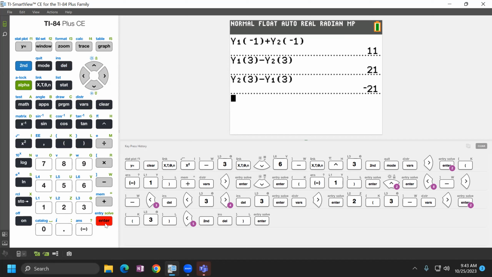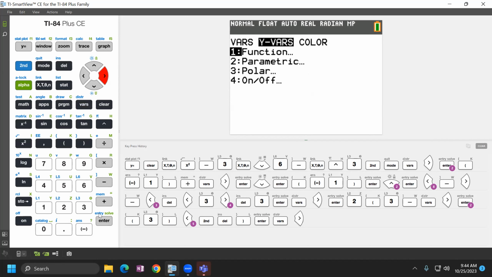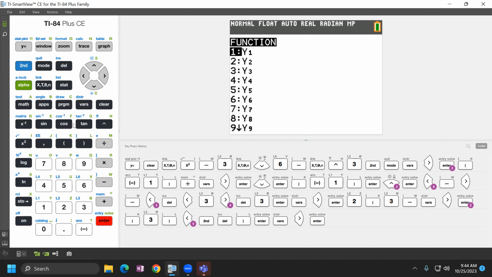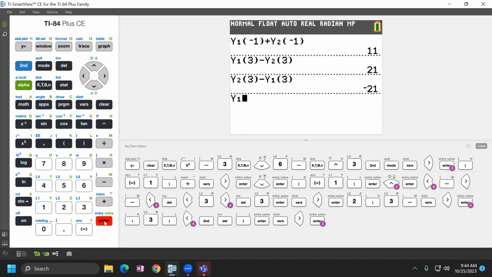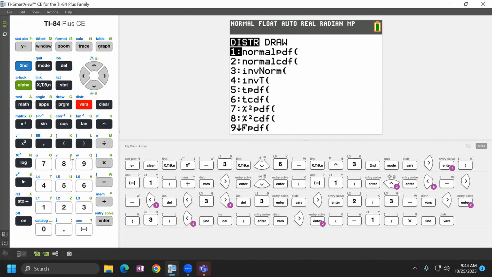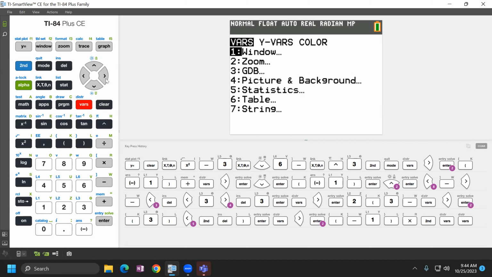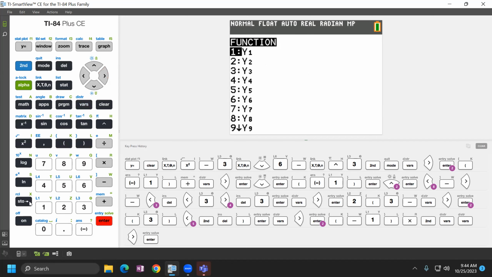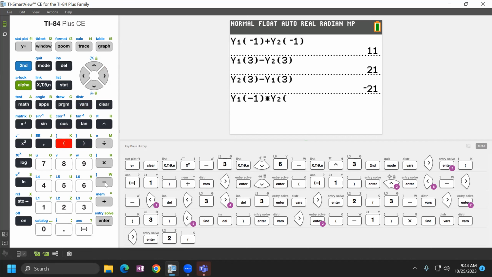Okay, the next thing I'm going to find is f times g at -1. So I'm going to go to my variables, my y variables, my function, y1 at -1. And I'm going to multiply that times y2 at -1.